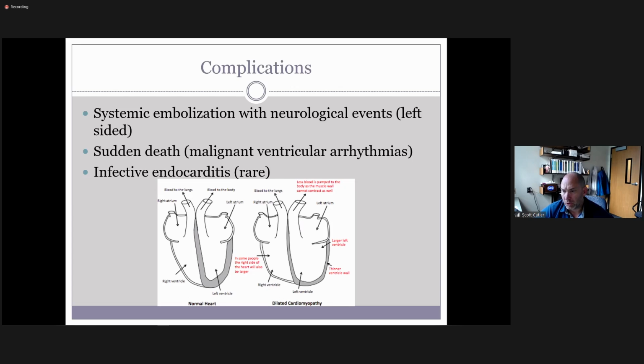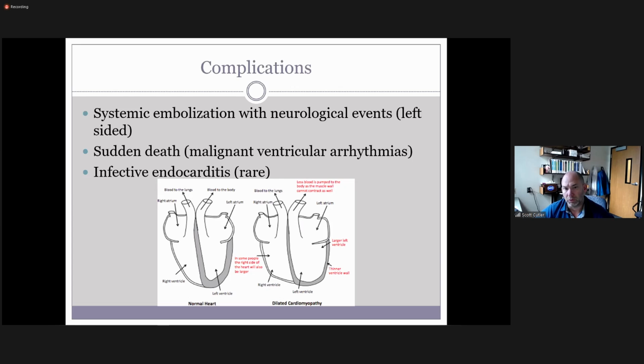You could have infective endocarditis may occur. Now, again, the infective part suggests that there's an infection, a bacteria or fungus, that seeds itself into the bloodstream and onto the heart itself. This is more rare because you still have to have something that gets a bacteria or fungus into the heart to do that.